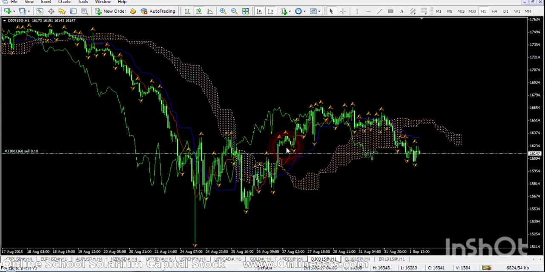From purple, it has become orange. And rule 3, two of my lines, Tenkansen and Kijunsen, the red and blue line, are under my candles and are above my cloud. So it's a confirmation. These 3 give me a confirmation. Now, we should get a final confirmation from the Chikou span.